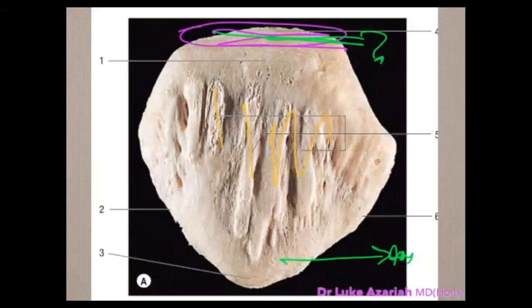Intermediate. What are these? What are these? Vertical lines. Vertical ridges. Okay, vertical ridges.